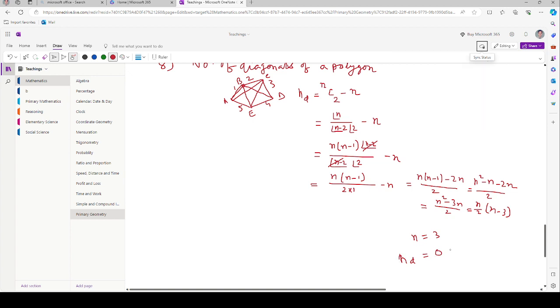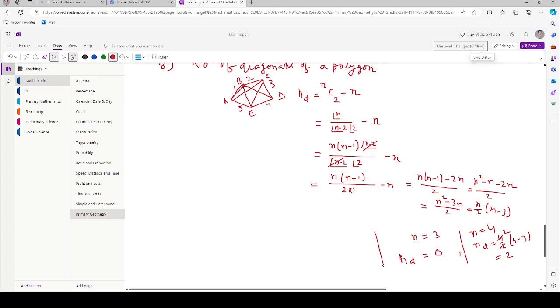It is for a triangle. Okay, because a triangle has 3 sides. For a quadrilateral, n equals 4. So nd equals 4 by 2 into 4 minus 3, that is 2.